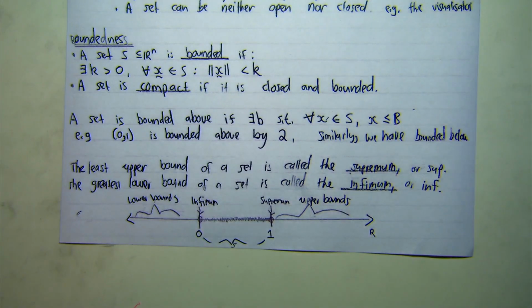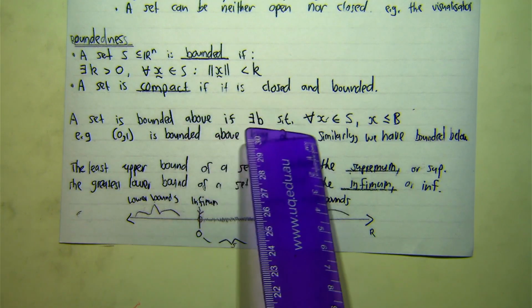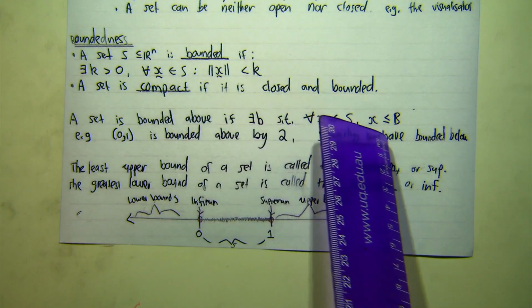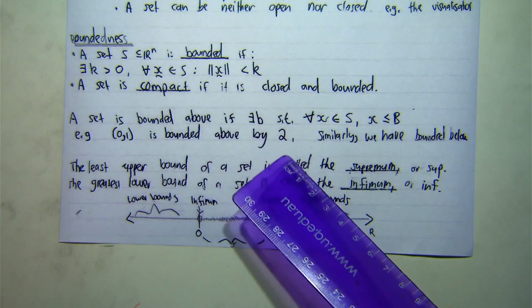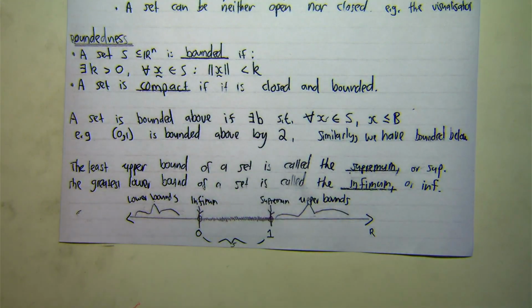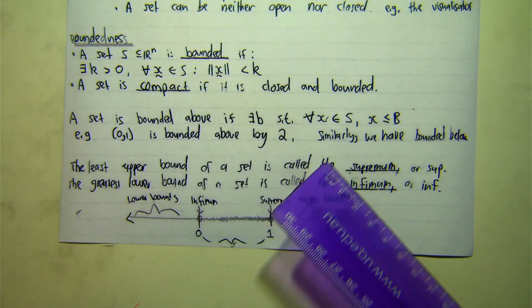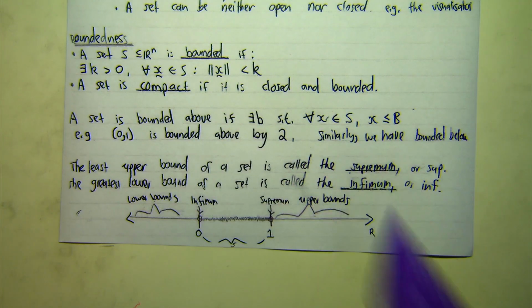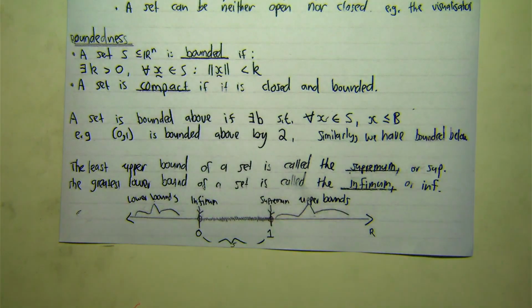So a set is bounded above if there exists some bound b where every point in the set is less than b, e.g. (0, 1) in the real number line is bounded above by 2. Similarly, we have bounded below, where every point in the set is greater or equal to the lower bound b. And keep in mind we're looking at just one dimension here.